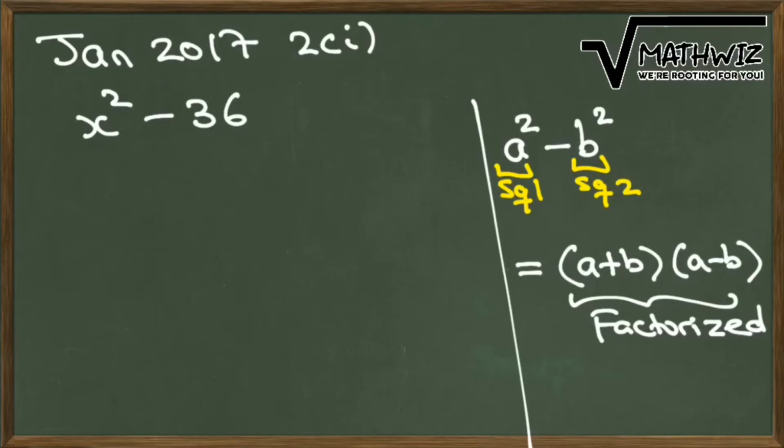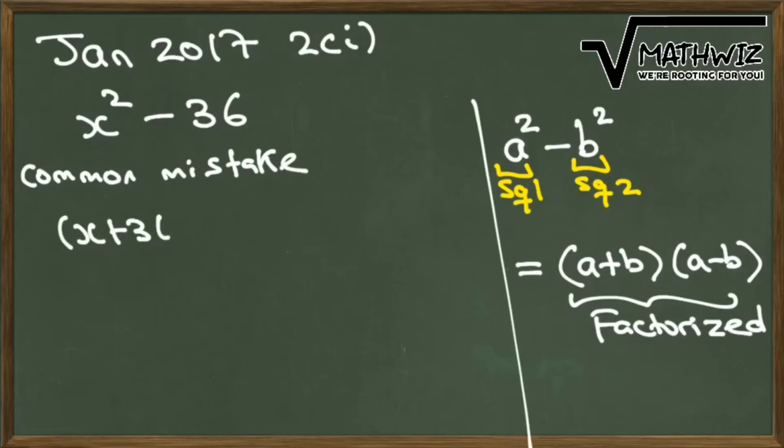If you didn't watch the video, the first thing you want to do is express things in terms of a square. The common mistake is that students go ahead and put x plus 36, x minus 36, but that is incorrect. We have to express it as two squares first.